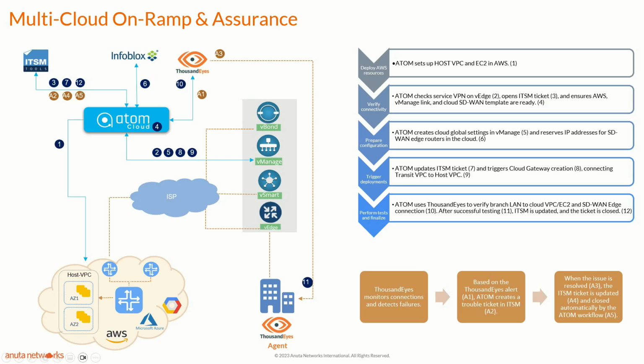In case of any performance degradation, an alert is generated in ThousandEyes, and this alert can be consumed by Atom to raise a ServiceNow incident ticket. Once the issue is remediated, Atom can also go ahead and close the issue there. So we are integrating with a lot of controllers in this particular use case.